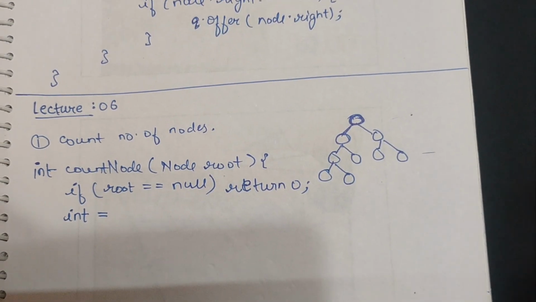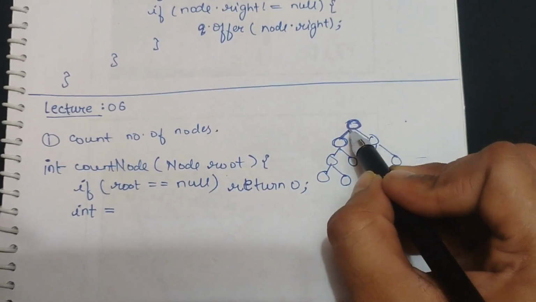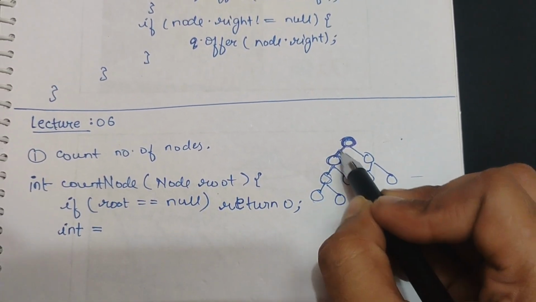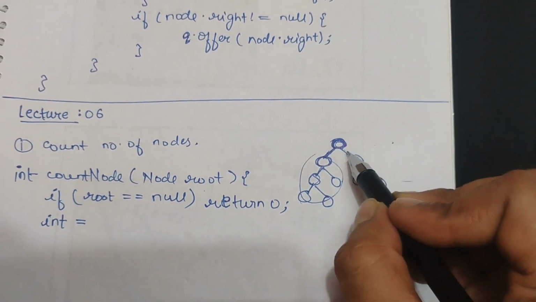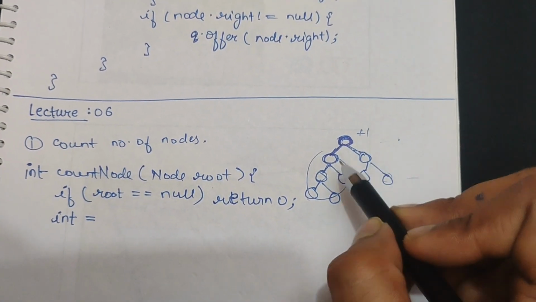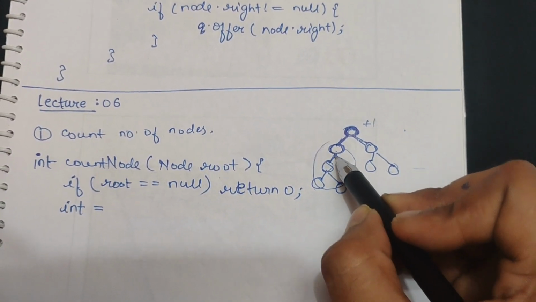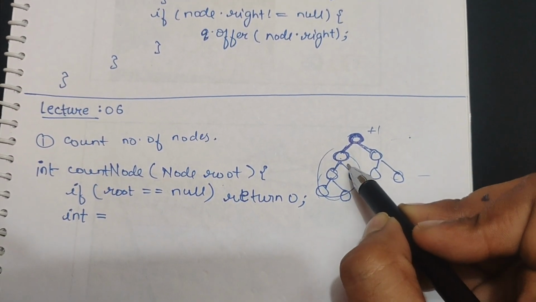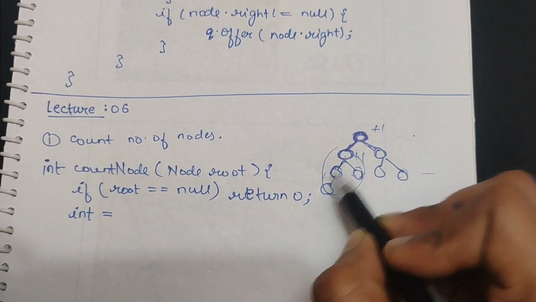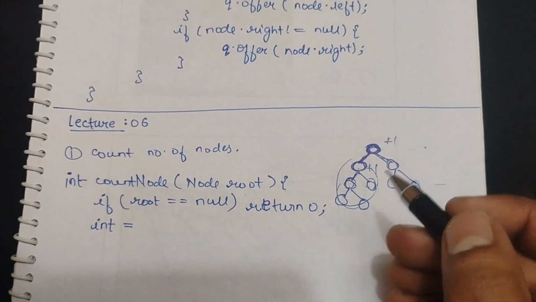So break it down: first count the number of nodes to its left, secondly count the number of nodes to its right, and add +1 for this particular node. Similarly do it for this node, number of nodes to its left, number of nodes to its right, +1, and similarly for all others. So the bigger problem gets easier by doing this.